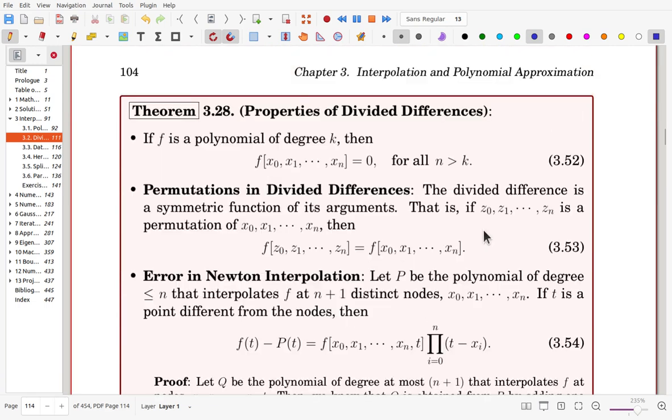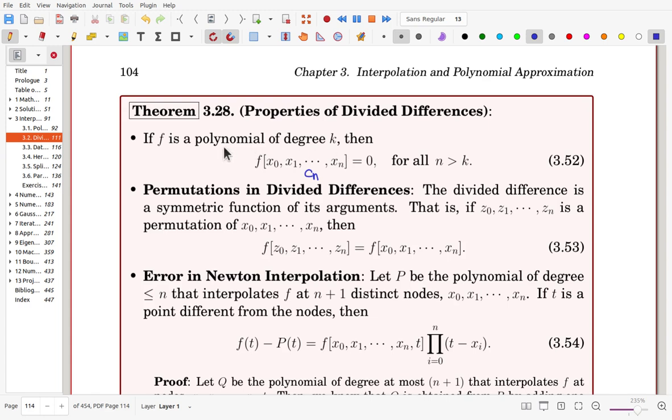Now we have the properties of divided differences. Once f is a polynomial of degree k, then the divided difference of order n, from x0 to xn, must be 0 when n is larger than k. It is a kind of Cn, the coefficient of the nth order term.